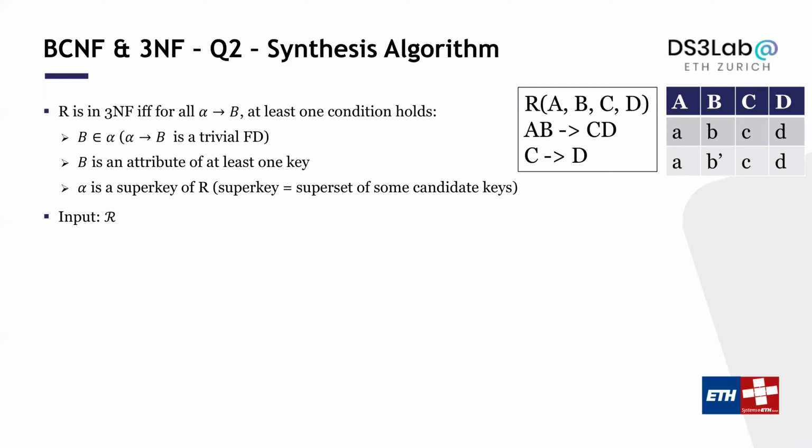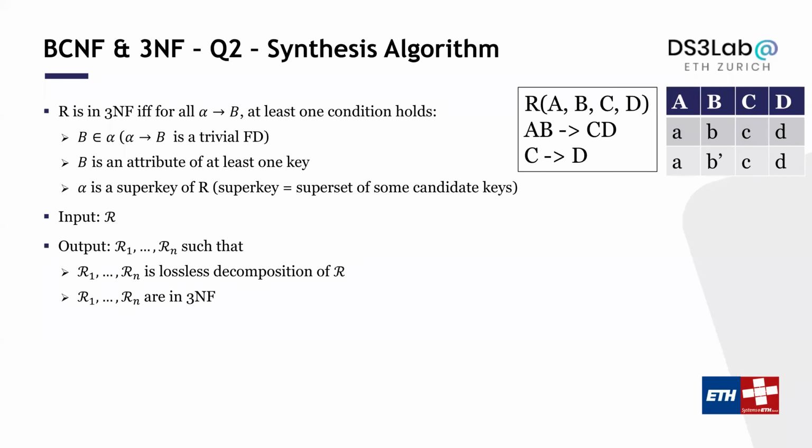Here we try to understand how we can turn a design that's not in third normal form into a design that's in third normal form. If you give me the input R, I want to output R1 to Rn such that two conditions hold. One, R1 to Rn is a lossless decomposition of R, meaning that if you join them together, you get perfect R. You don't lose tuples, you don't have additional tuples.